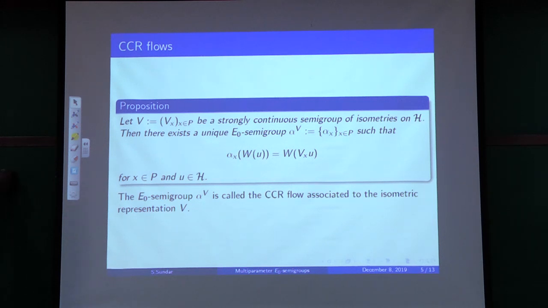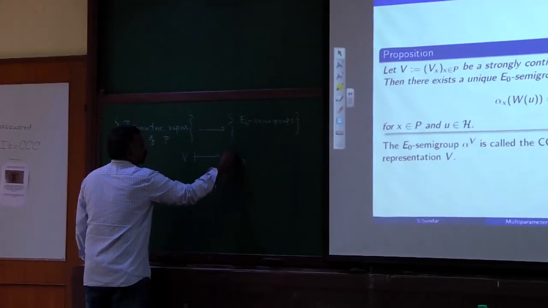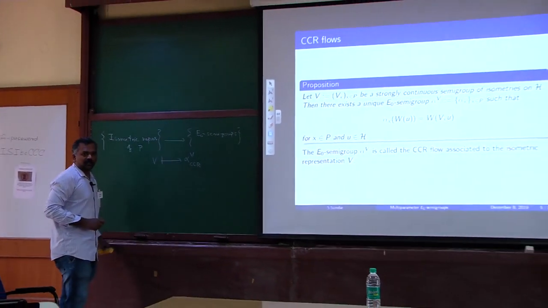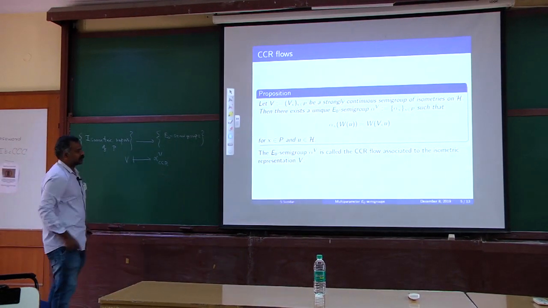So there is a natural construction: if you start with an isometric representation, you can construct an E0 semigroup on the symmetric Fock space.